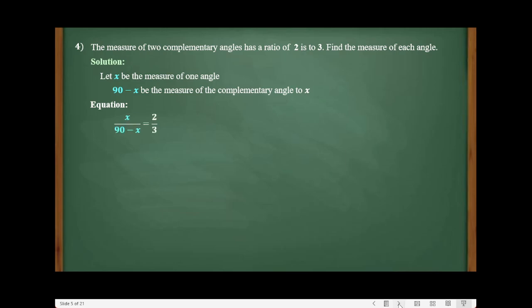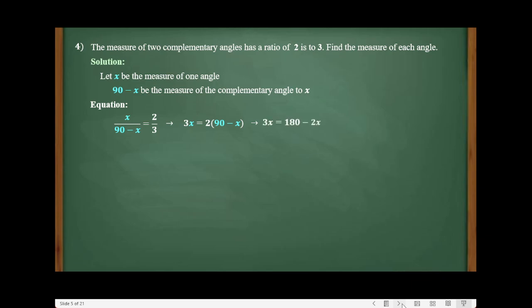Then we set up the proportionality. X is to quantity 90 minus x is equal to 2:3. Then solving for the value of x in this equation, we do the cross product method, so that the equation becomes 3x is equal to 2 times the quantity 90 minus x.